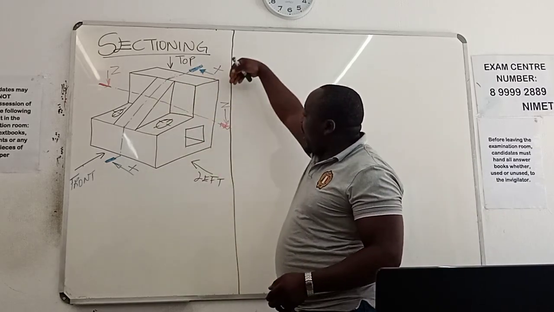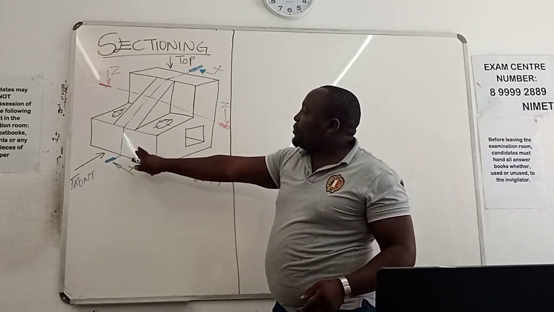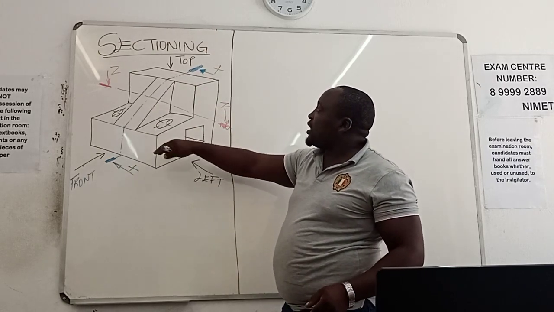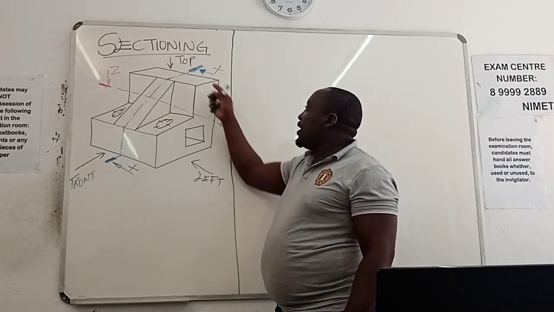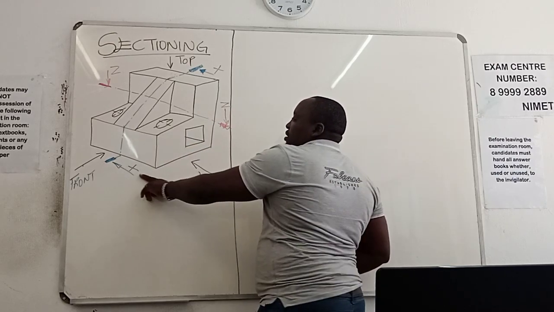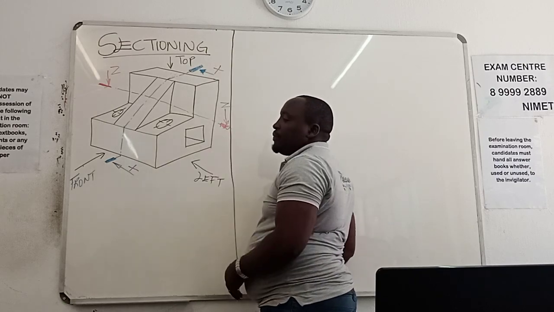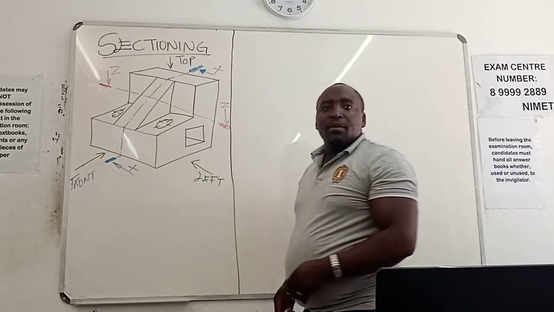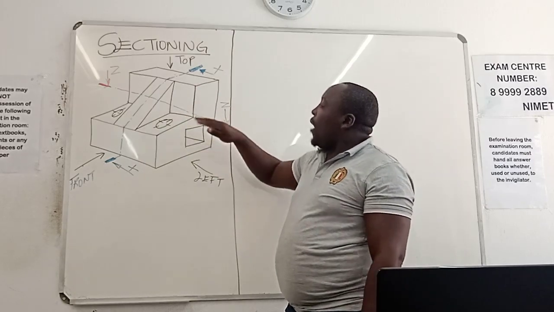When I cut like this, I'm looking from the front view. What do I see? The top view, what do I see? When I'm cutting here, I'm looking from this side. These arrows are telling me to look after cutting, and ask what I see.